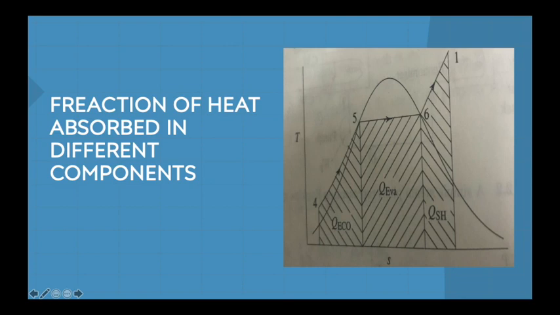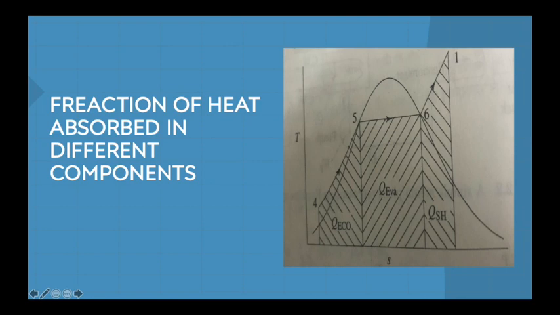Now, as you notice one thing, that as the pressure increases, the quantum of latent heat given in a boiler decreases. At low pressures, this quantum is actually 40 to 50% of the total heat given in a boiler.